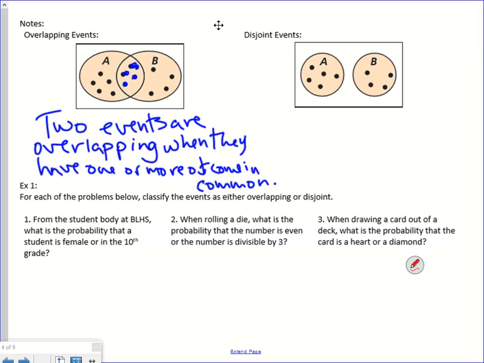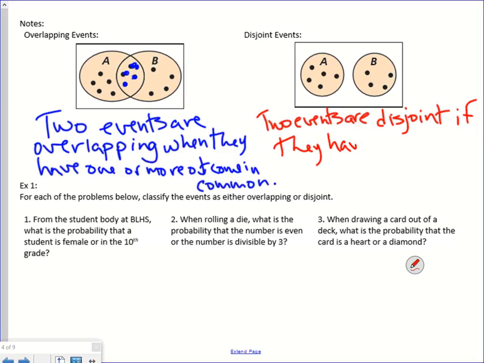Now, disjoint events. Two events are disjoint if, it should be pretty easy to guess from the picture, they have no outcomes in common.